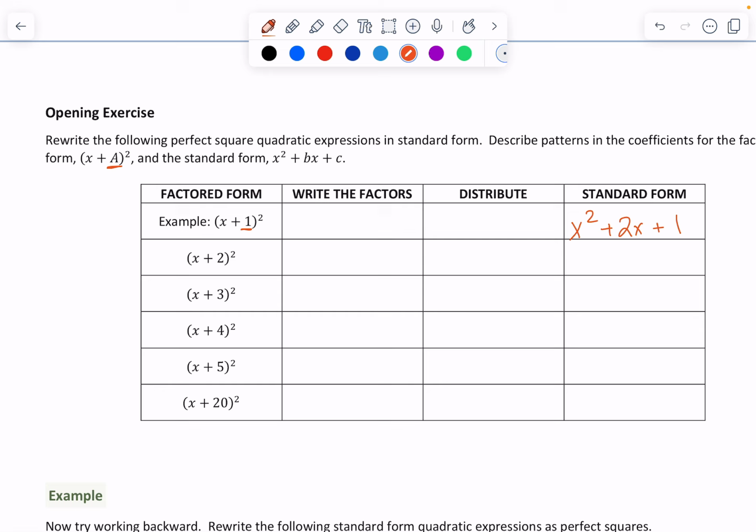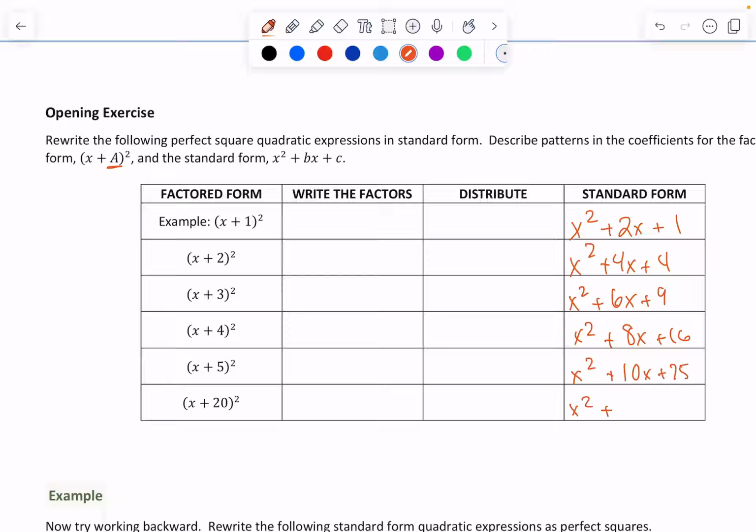So the next one would be x squared plus 4x plus 4, because 2 times 2 is 4 and 2 squared is also 4. Looking at the next one, x plus 3 squared is x squared plus 6x plus 9, because 3 times 2 is 6 and 3 squared is 9. This pattern works for all of them, and you end up doing them a lot quicker when you recognize it.